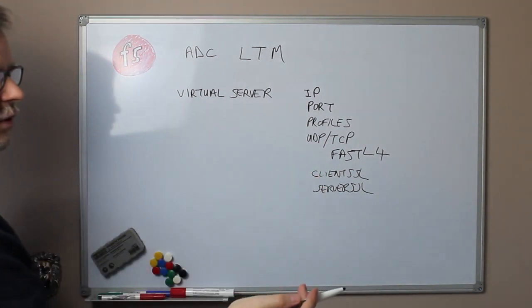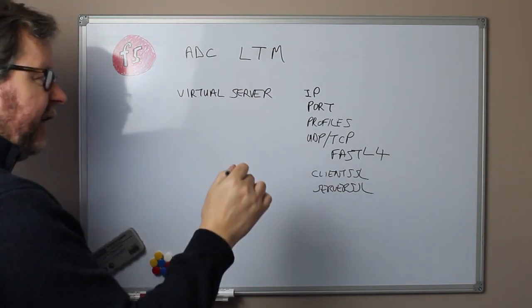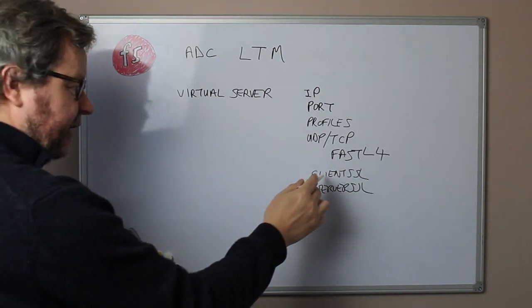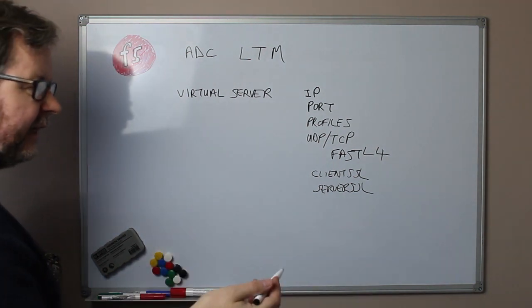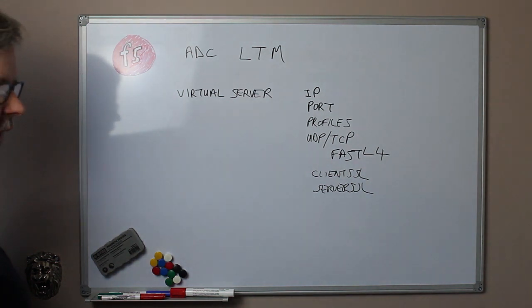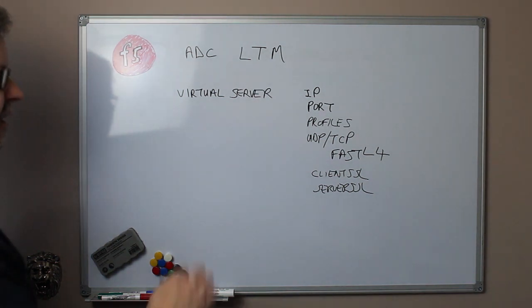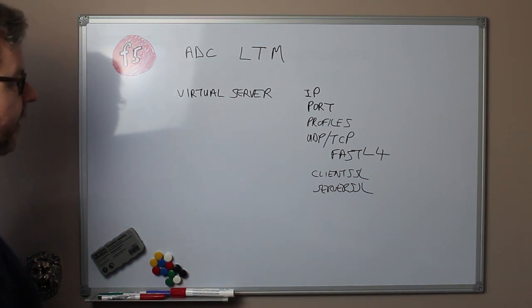So weirdly, when the F5 is acting as a server, it utilises the client SSL profile, and if the F5 is acting as a client, it will then look at the server SSL profile for its configuration settings. So they seem as though they're named the wrong way around, but you get used to that after a while. And those are the main areas that we need to be concerned with around the virtual server, I guess.